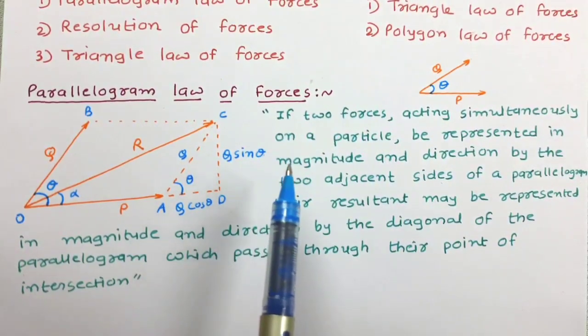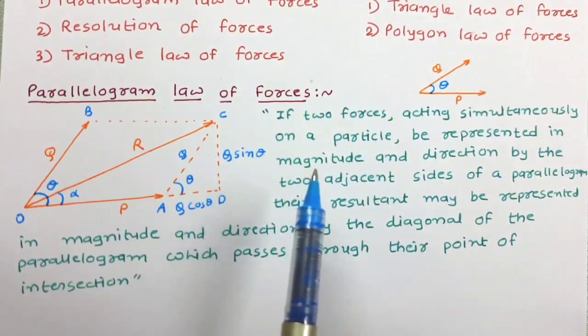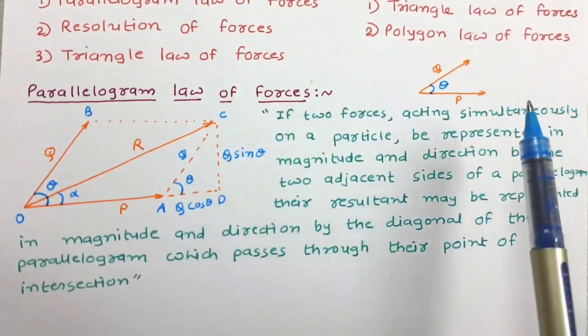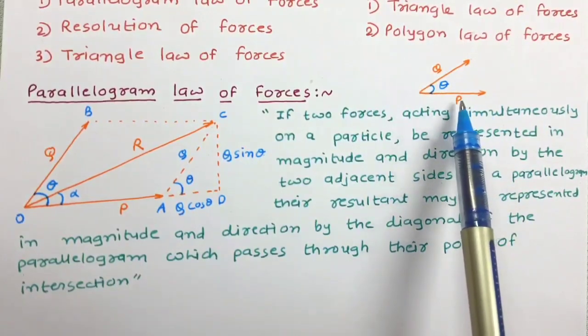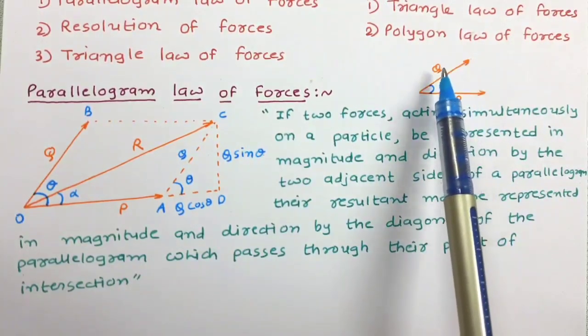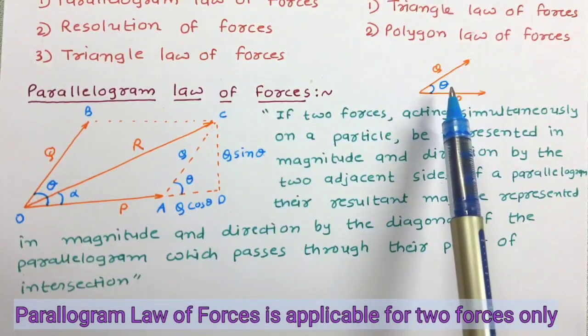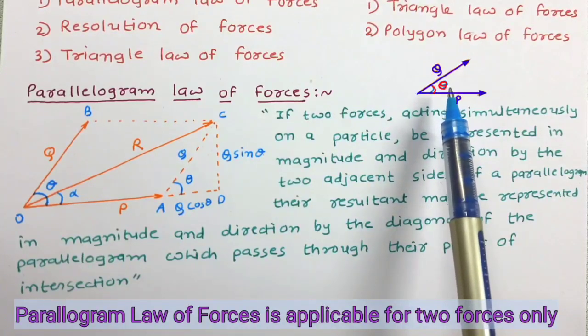So this is the statement of the parallelogram law of forces. Let us try to understand it. Here two forces P and Q are there. The angle between these two forces is, let us say, theta. This parallelogram law of forces is applicable only for two forces.